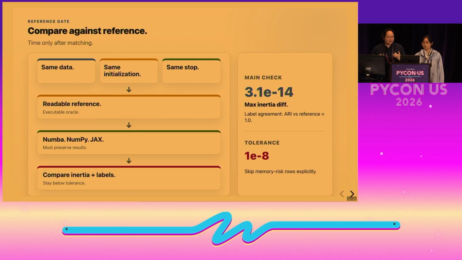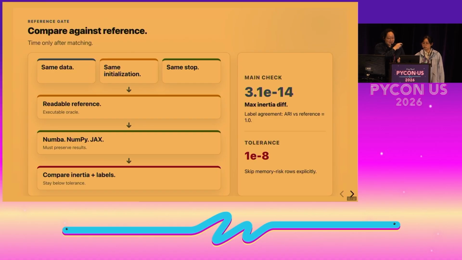We already have a reference implementation in NumPy that serves as our executable oracle. When we implement our optimized version using Numba, JAX, or other tools, we need to ensure that it produces the same result as the reference NumPy implementation. To compare the results, we look at both the objective function value and the predicted labels. We set a tolerance for differences in the objective function of 1 times 10 to the minus 8.